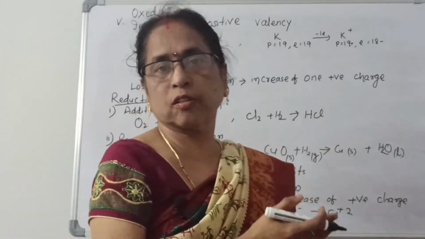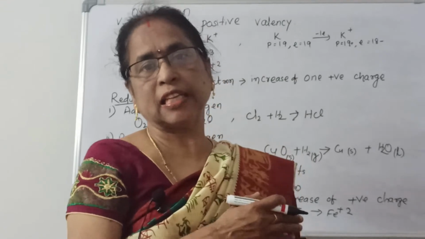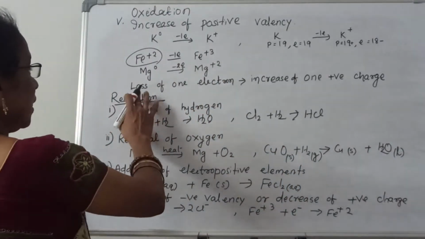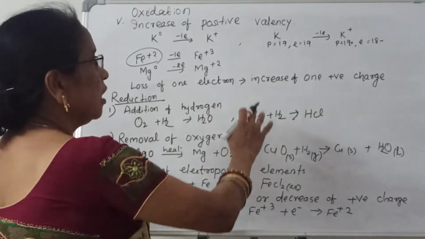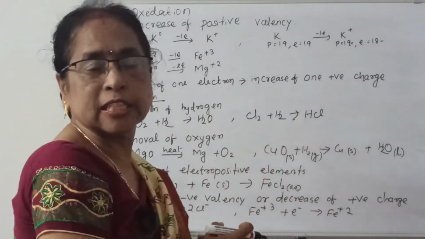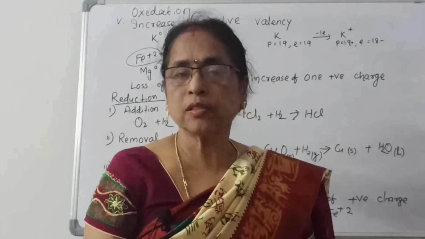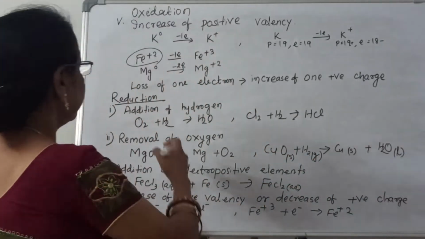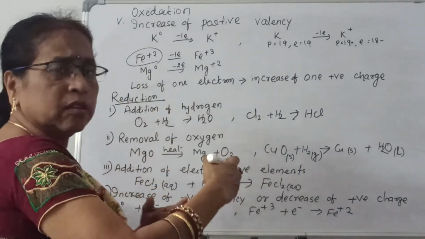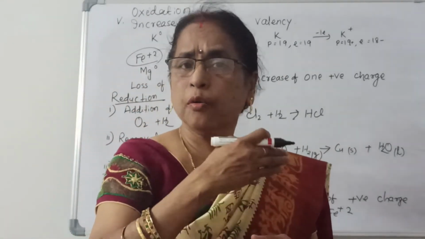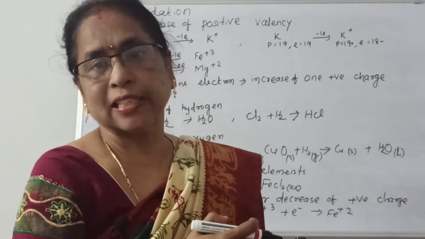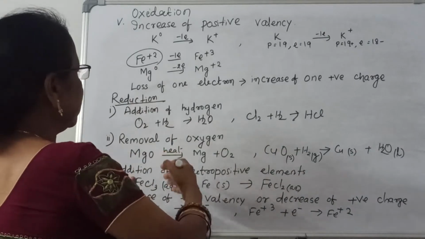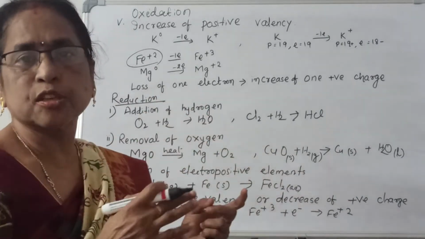Loss of 1 electron increases 1 positive valency, loss of 2 electrons increases 2 positive valency. Similarly, the number of electrons an element loses is the number of positive charges. Now oxidation is completed.